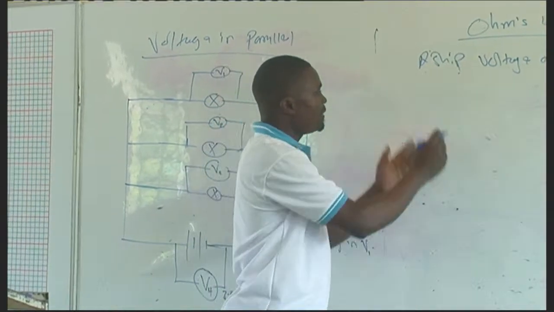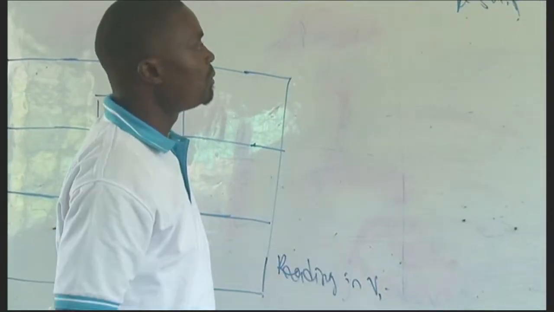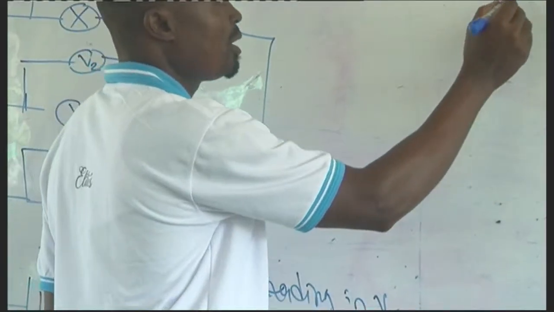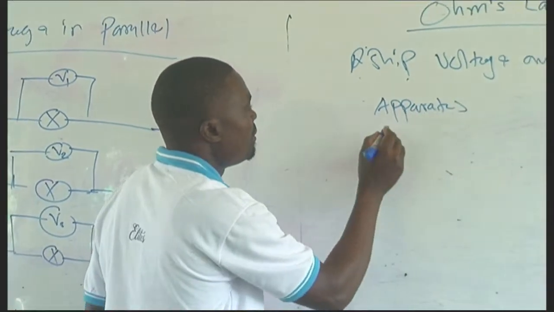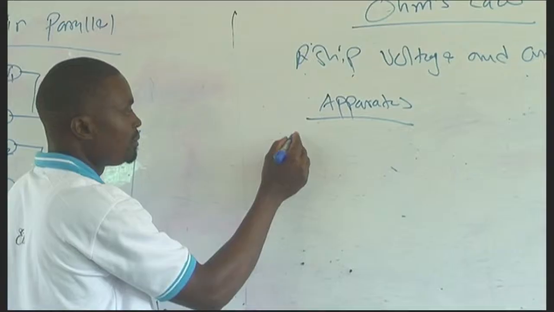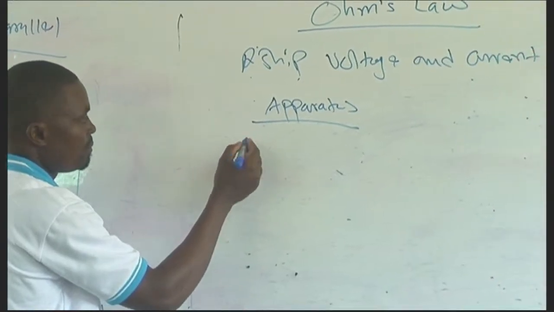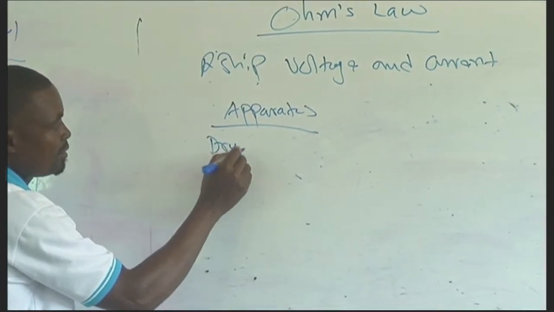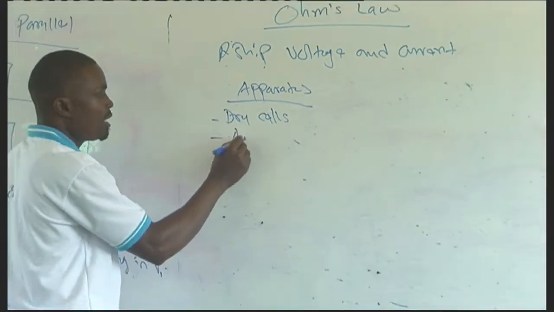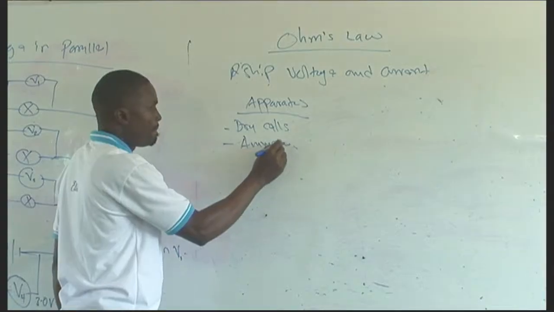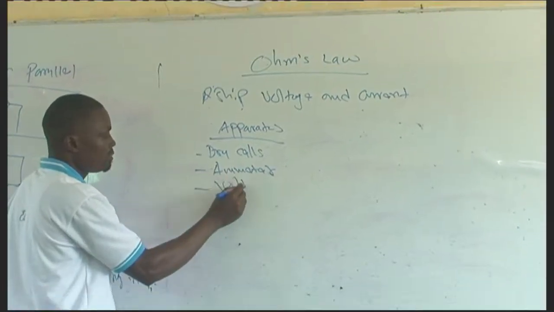So in verifying this law, we may require some of the following apparatus. We may require dry cells as the source of power. We may require an ammeter. We may require a voltmeter.